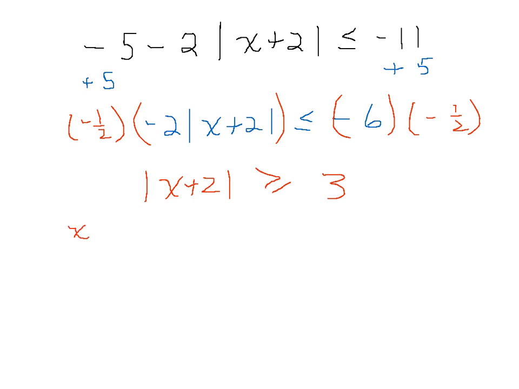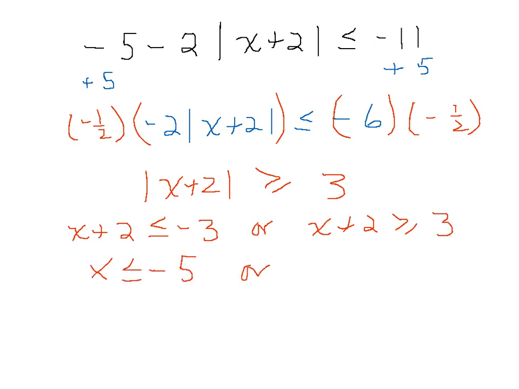And we know that that means that either x plus 2 is less than or equal to minus 3, or x plus 2 is greater than or equal to 3. And so if I solve this, I get x is less than or equal to minus 5, or x is greater than or equal to 1.